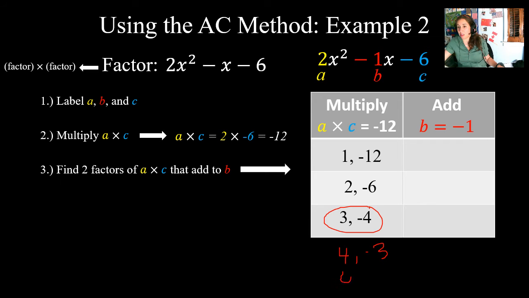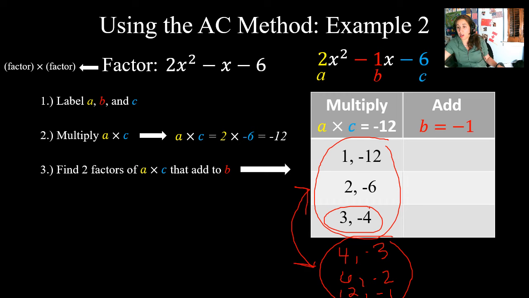It does divide by 6, and that's going to give me -2, and so on. And we would get our last set of factors, which would be 12 and -1. Now, if you'll notice, when you're dealing with a negative AC, you're going to wind up with 2 sets of factors where the negative sign just sort of reverses. So my first set was 1, -12, and my last set is 12, -1.